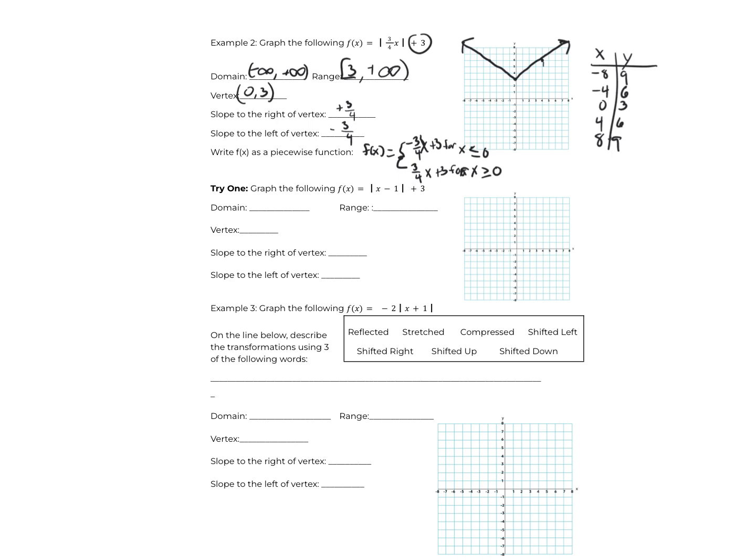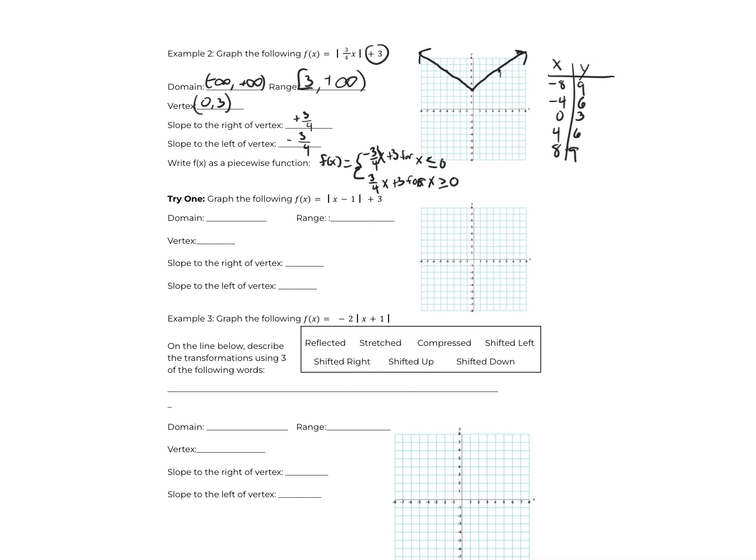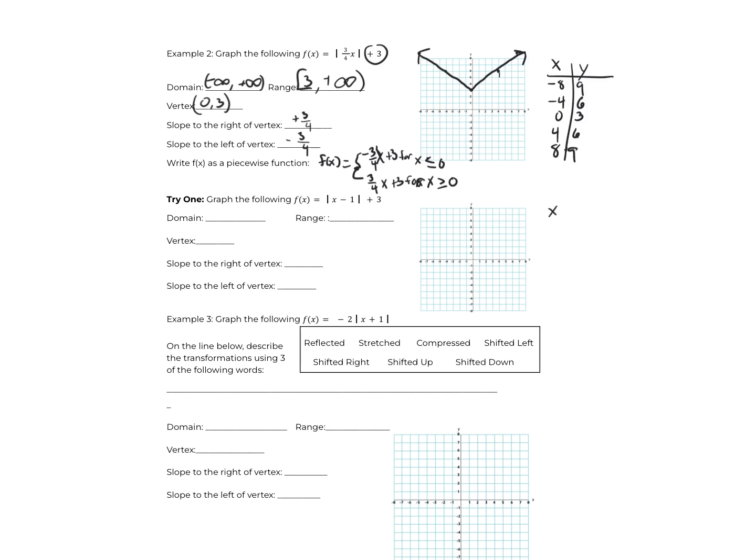All right, the next one, graph the following: f of x equals the absolute value of x minus 1 plus 3. So again, we're going to make an xy chart and pick some x's. This time I'm just going to pick numbers in the middle. And then run each of those through the function.